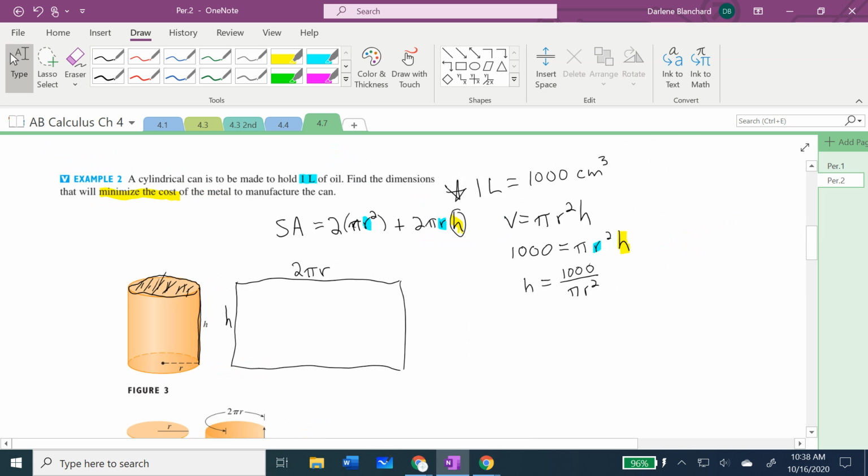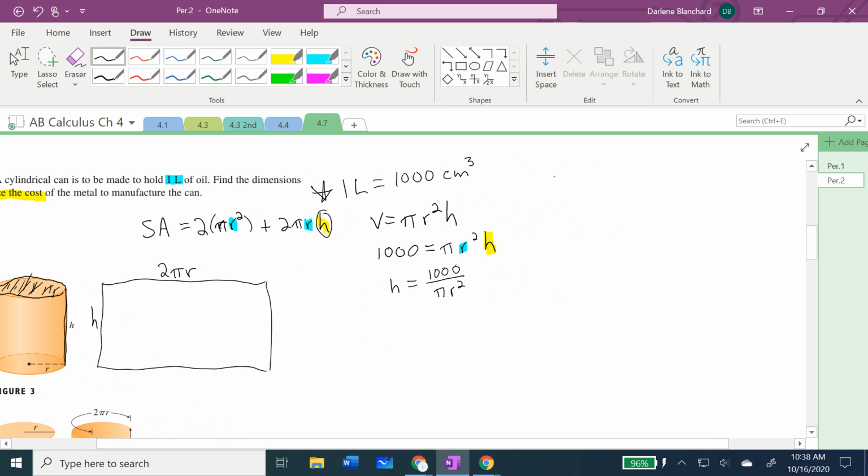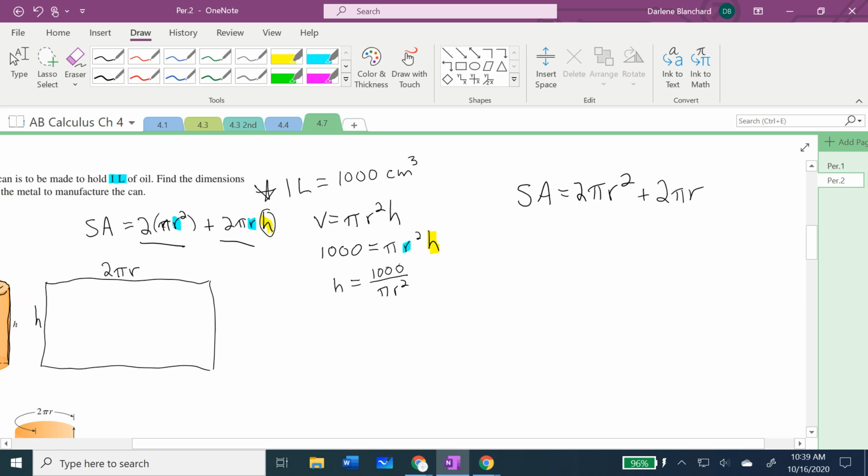And I'm going to shrink my screen so that I can write the formula over here. So I've got the 2 pi r squared from here, and then I'm writing plus 2 pi r, and then substituting an H.